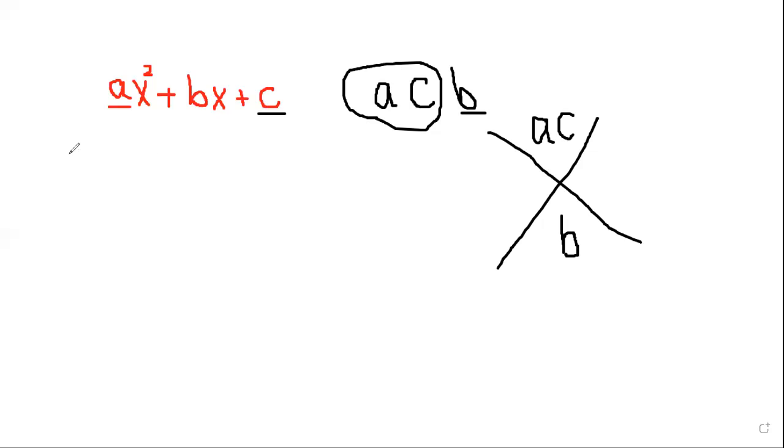We have negative 12x squared minus 35x minus 18.